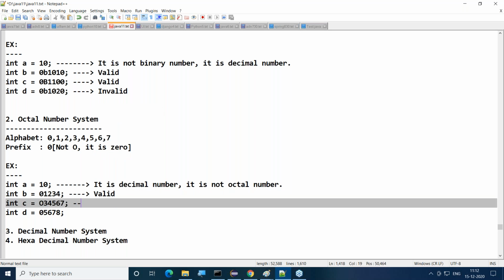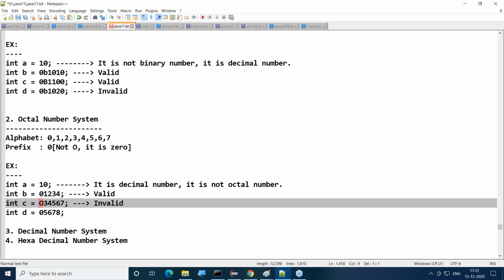Now observe this clearly. int c = o4567. Now tell me, is this valid or invalid? It's invalid. Why is it invalid, guys? Tell me, what is the prefix value I have given, is that 0 or letter O?